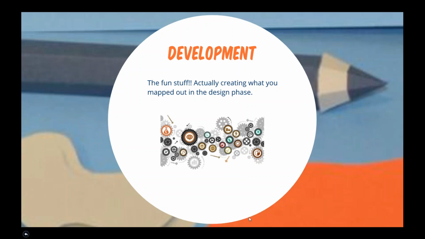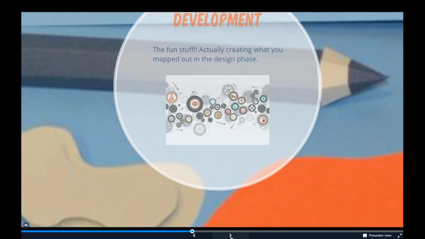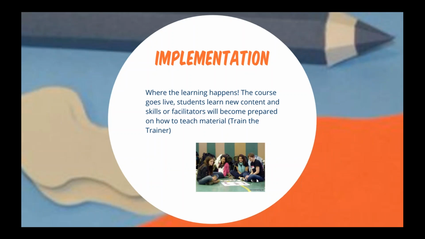So once everything is developed, the final product is within Canvas, and then you move into the implementation phase, which is where the learning happens. This is when your courses go live and students are beginning the learning process. If this wasn't in an education setting, this would also be a time for a train the trainer.